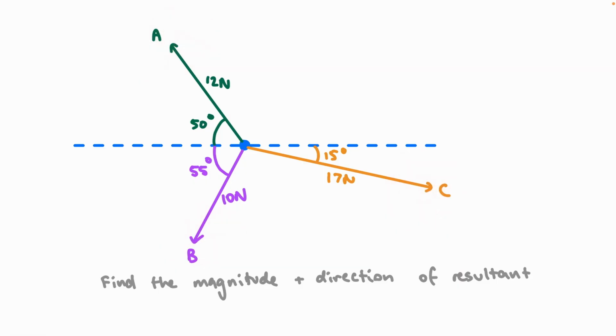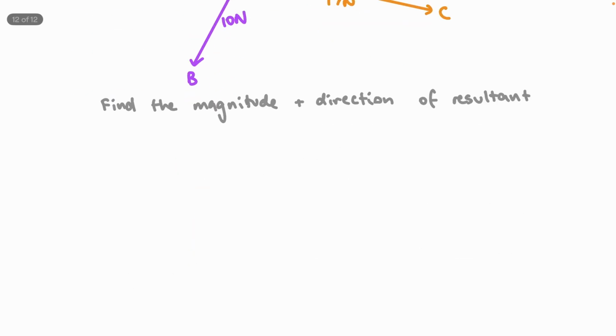So the first thing we need to do is work out each of these vectors in component form. Again, if I have a vector with a certain magnitude, and I know the angle it's working in from the positive x-axis, I can work out the formula. Let me draw a different diagram.